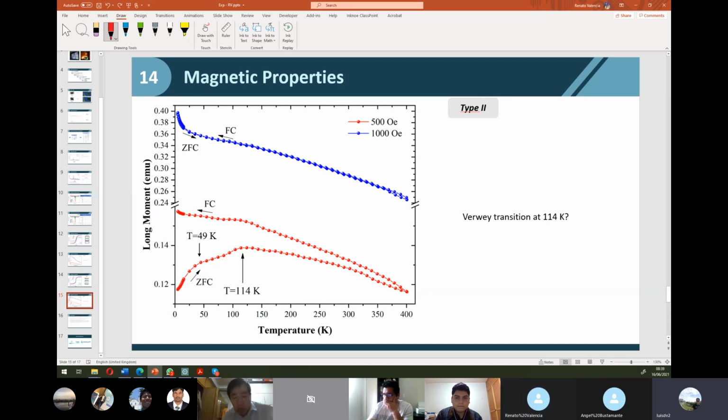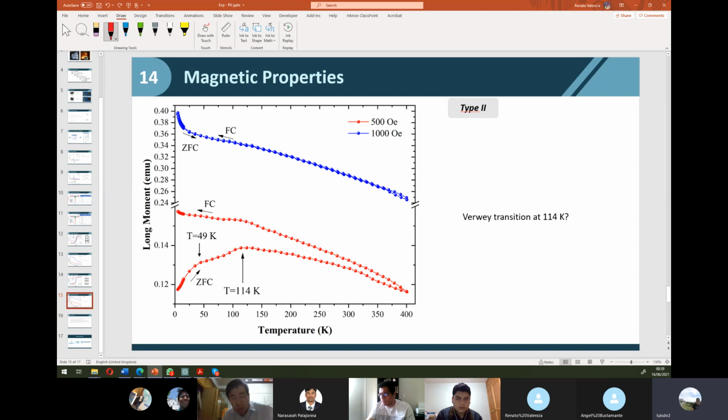Okay, Renato has pointed to two points, 114 Kelvin. The red one is obtained at 500 Oersted, a low applied field. The blue loop is at 1000 Oersted applied field. The red one, you can see two arrows. One arrow at 114 Kelvin, that is near the Verwey temperature.